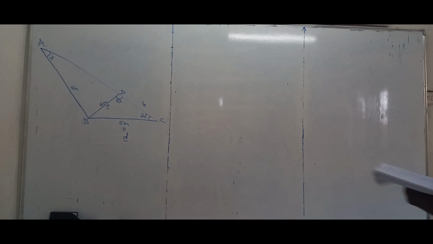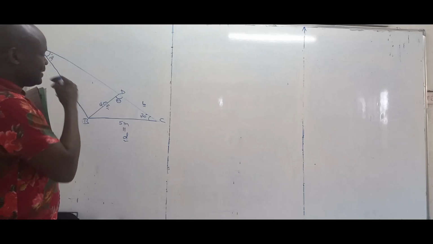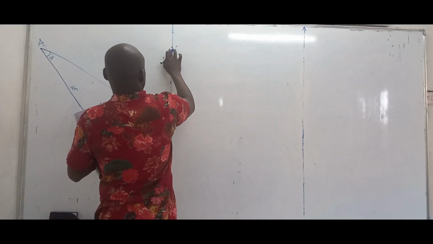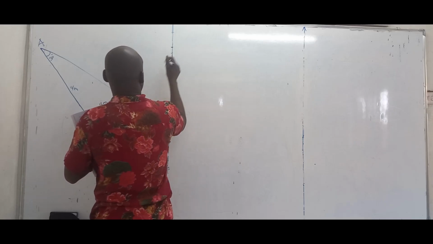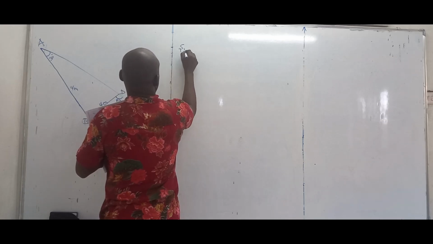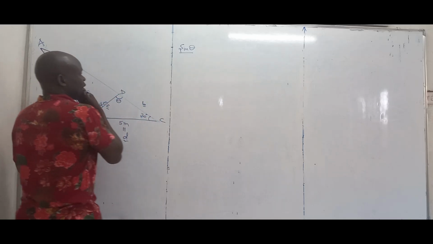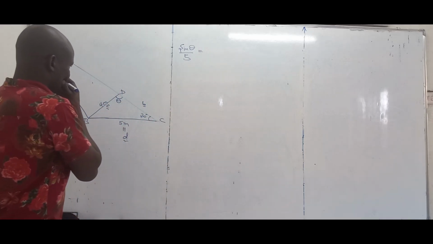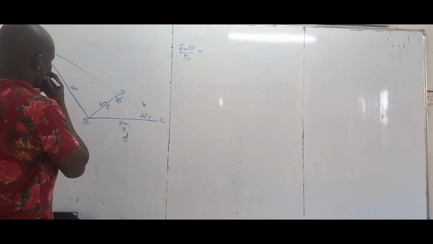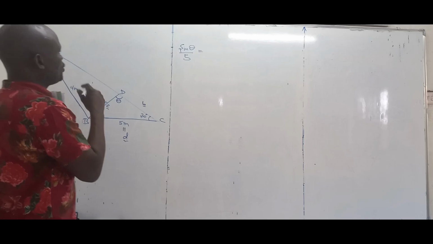I can apply the argument that sin of theta, that is this, over this, which is 5, should be equal to sin of 30 over 4.